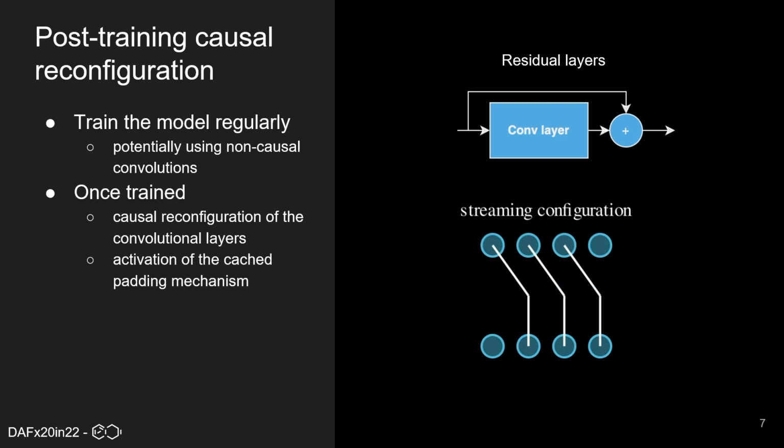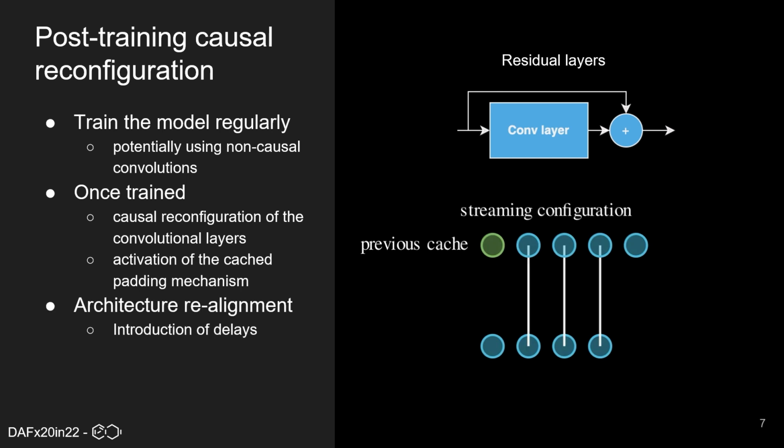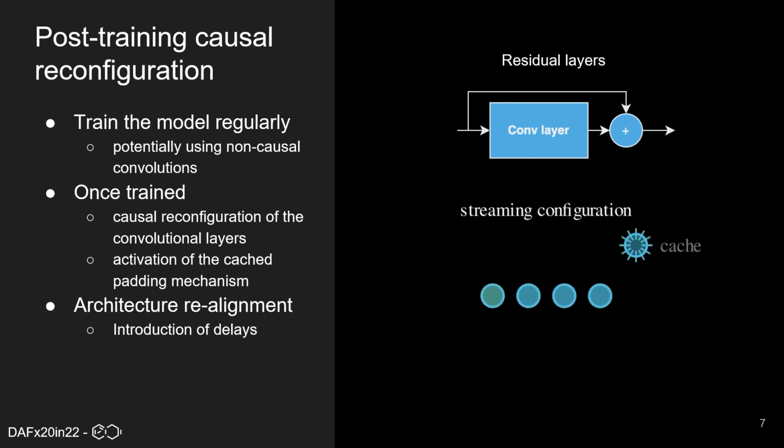What can be done to address this problem is adding some delays inside the architecture of the model to realign the inputs with the output of the convolution, enabling us to regather input and output as during training, and caching the leftover samples for later processing.